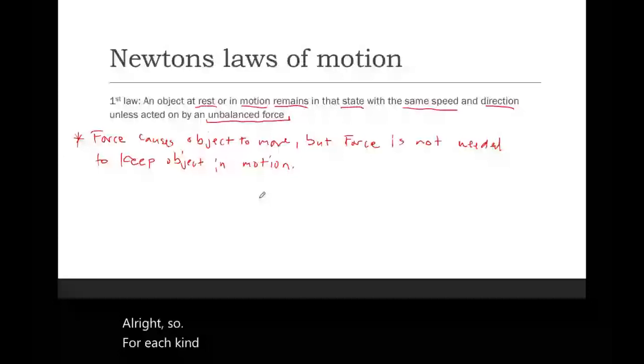This law is also called the law of inertia. So the first law is also known as the law of inertia.